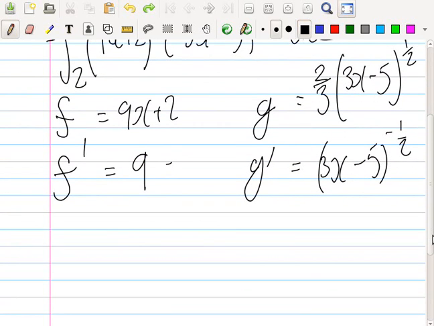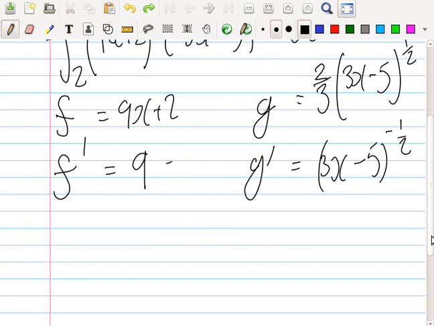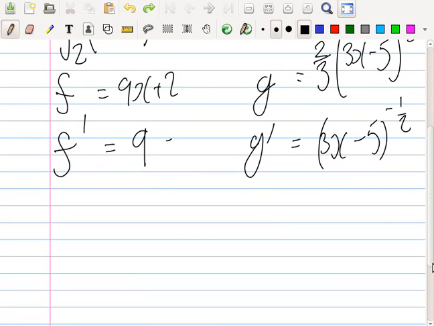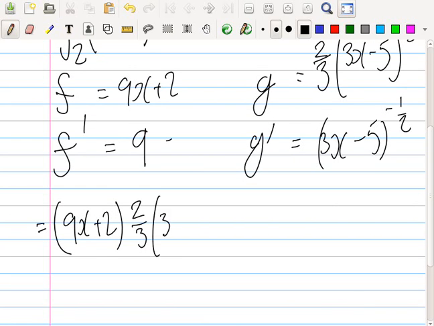Now, if you want to do it the long way, you can use substitution. Let u equal to that. We'll do it the quick way. So the rule is, it's equal to f times g minus the integral of f derivative, which is 9, times g as well.